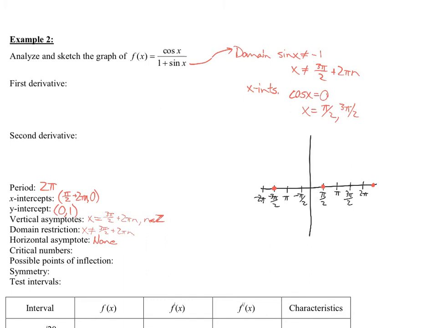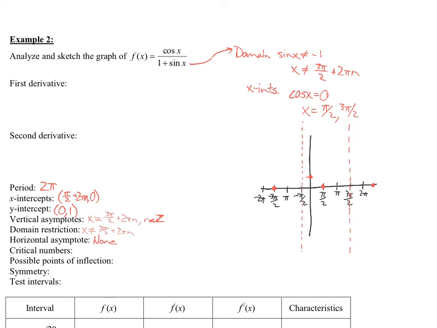The y-intercept is going to be at 0, 1, so we'll put that right there. And then I've got vertical asymptotes at 3 pi over 2. And then if I go back 2 pi, I'll have another one here.